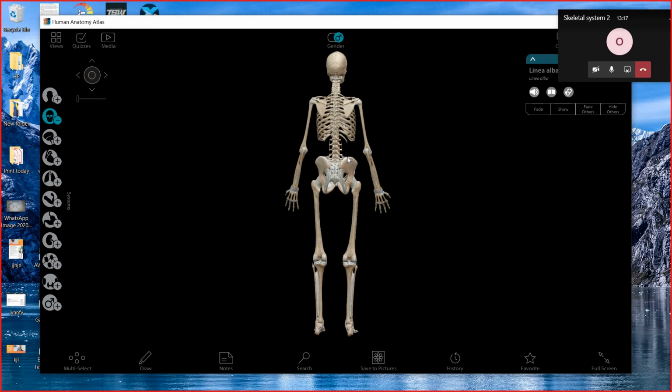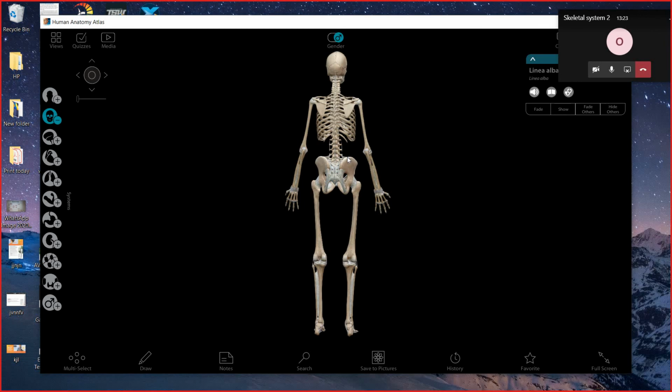Okay, so this is the same as the nervous system, because when we studied the nervous system, we said that it's made of central nervous system, which is found in the center of our body, and peripheral nervous system that includes the nerves.